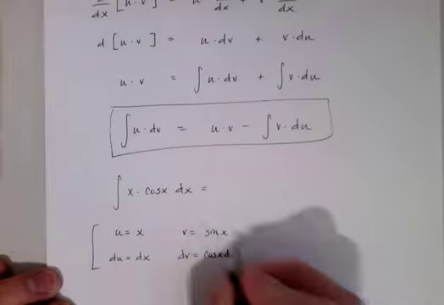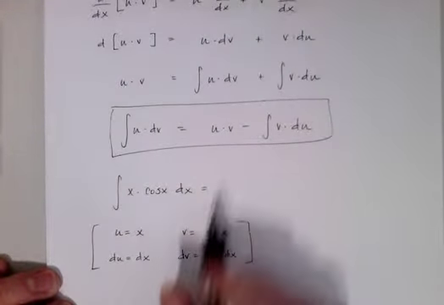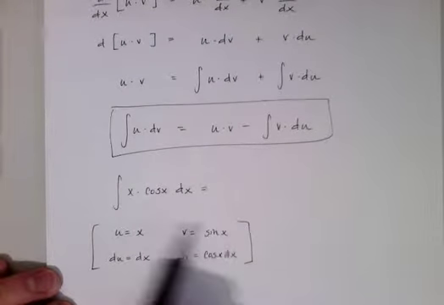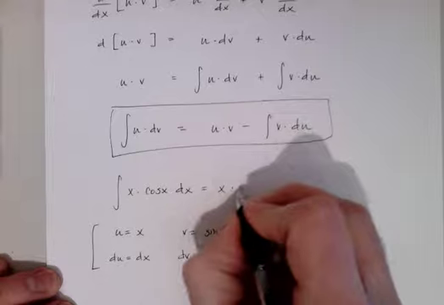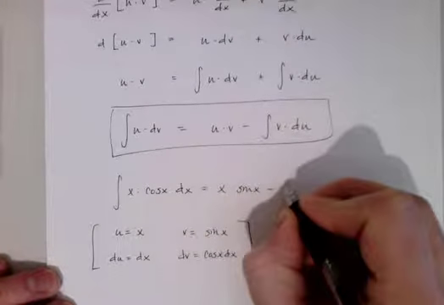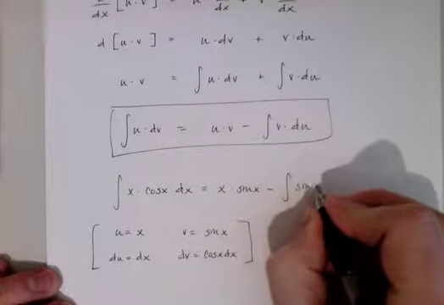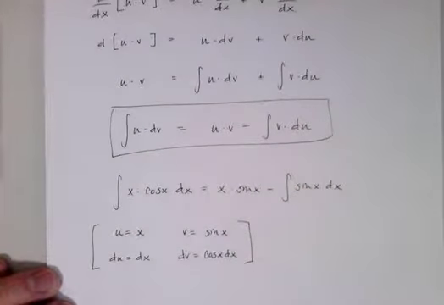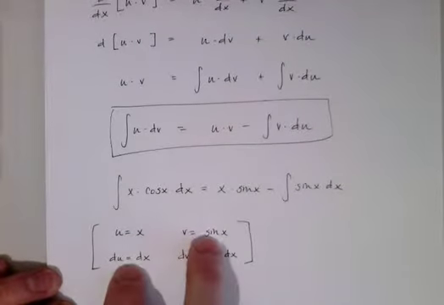Okay, well that gives me all four pieces that I need. And basically the first term is the product of these two: x sine x, minus, and then v du, sine x dx. So the first is a product of these two minus the integral of these two. Okay?